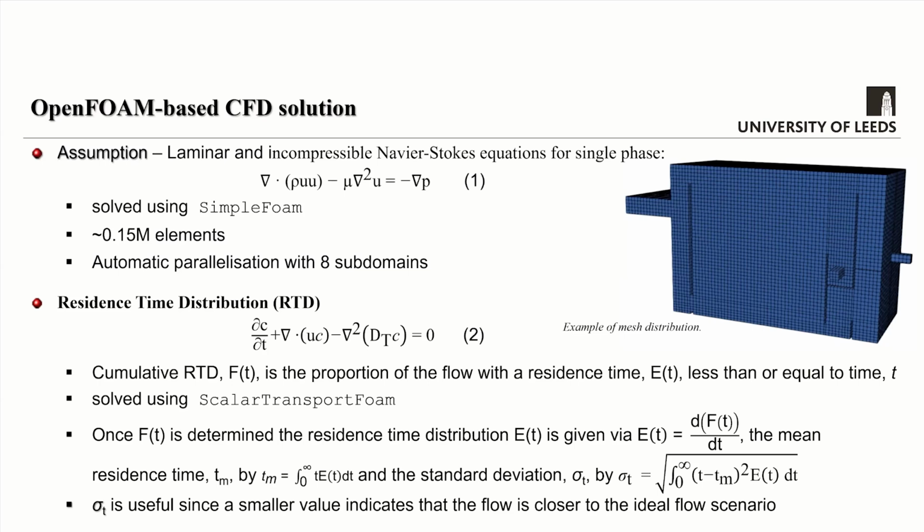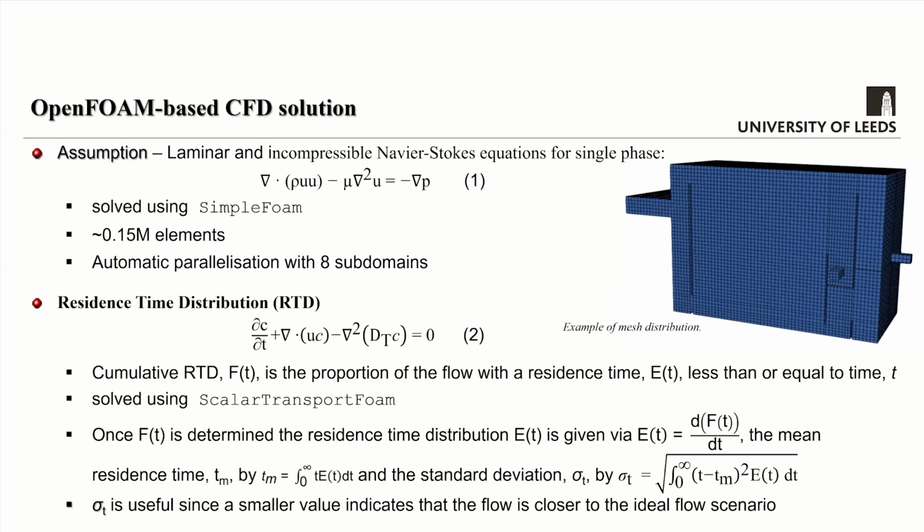In terms of the residence time distribution, the process is that we do a steady state simulation. It converges, and at the end, we have a flow field, the velocity flow field. So the velocity flow field will be our input here.